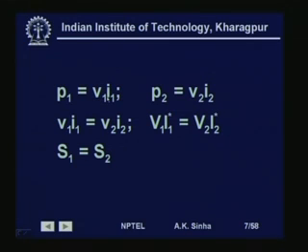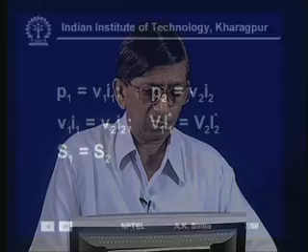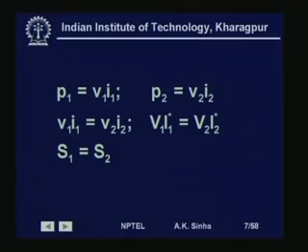So, the instantaneous power at the input end is v1 into i1, and similarly p2 is equal to v2 into i2. Since we have assumed there is no loss for this transformer, p1 is equal to p2, or v1 i1 is equal to v2 i2.